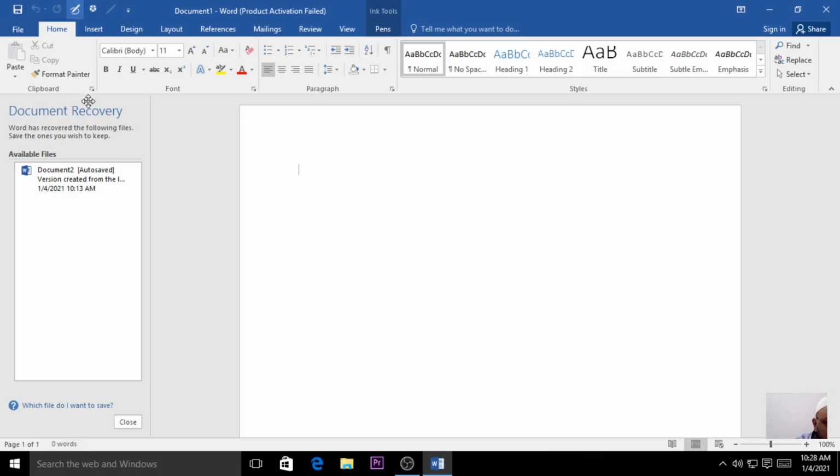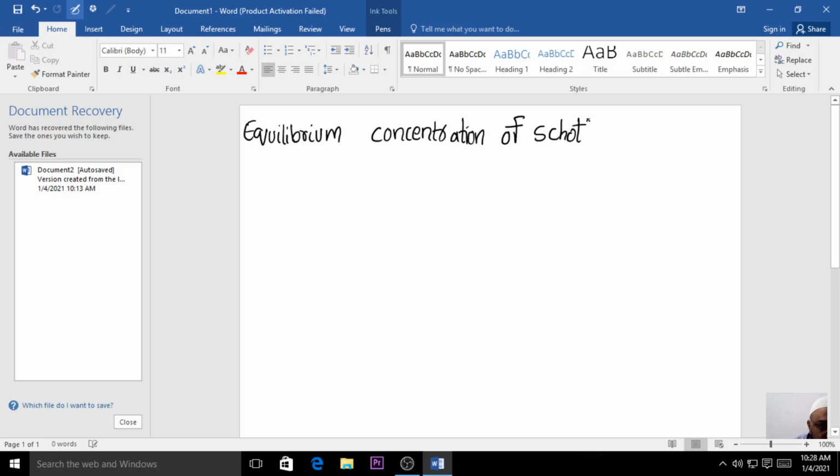So we just start with this equilibrium concentration of Schottky defect. Right, so we particularly deal with the ionic crystal.